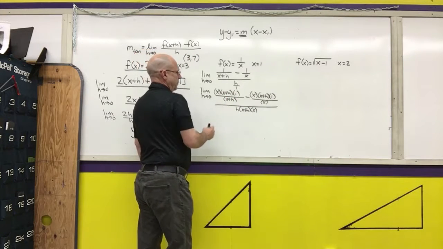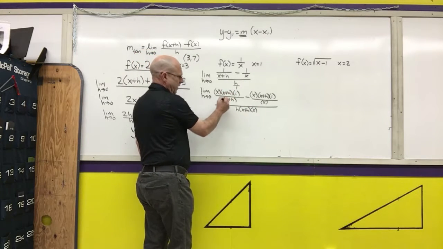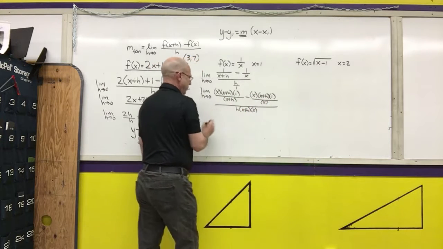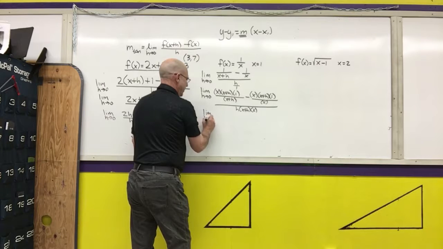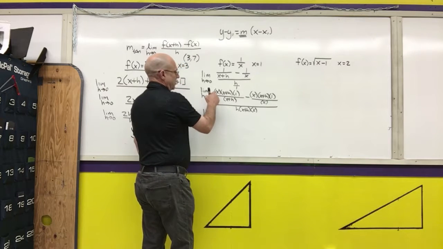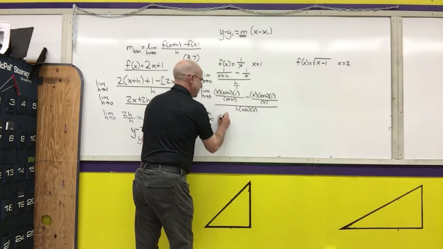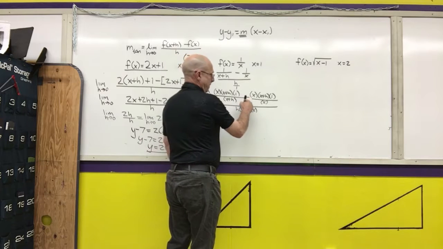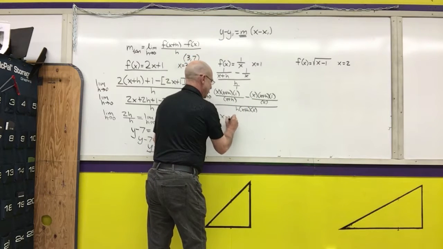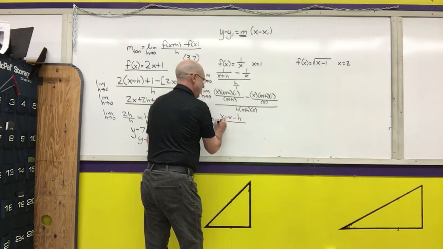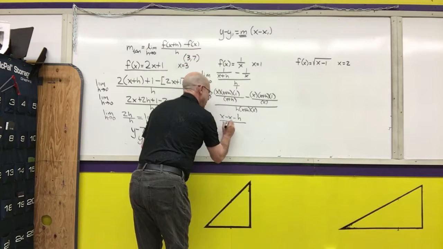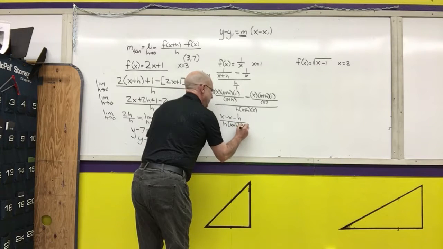I'm going to notice here that the x plus h's cancel here, and the x's cancel here, and now I can write it as a regular fraction. So I have x minus x minus h all over h times x plus h times x.